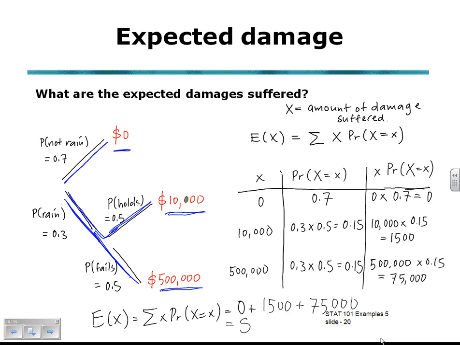The total coming to $76,500. The expected damages suffered, $76,500 in this case. Value we expect X to take in the long run.